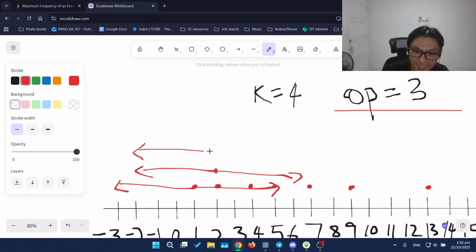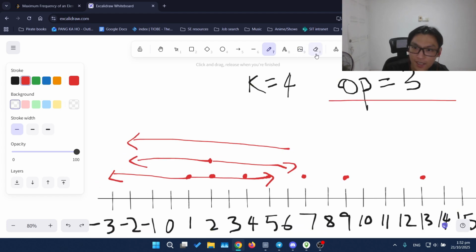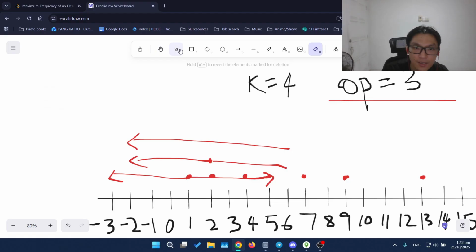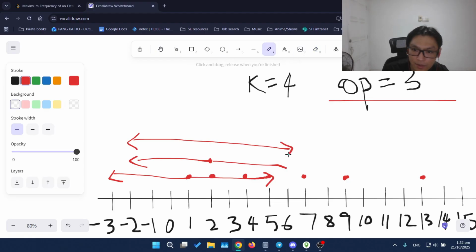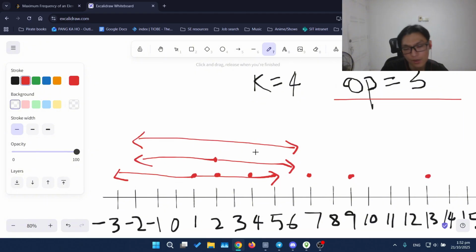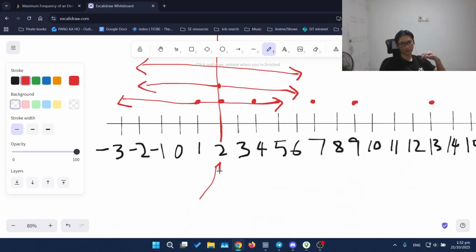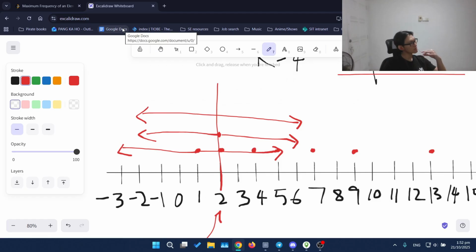I'm not sure. How I'm imagining this is, okay, it's an interval problem, and we just count out the number of intersections at a particular number, right? Is that good enough?